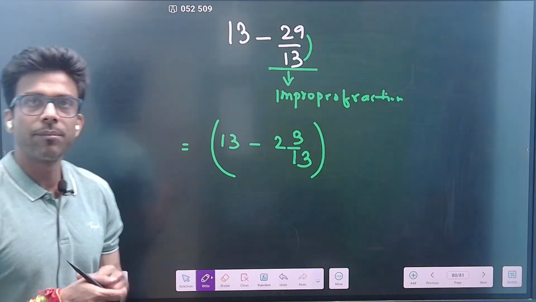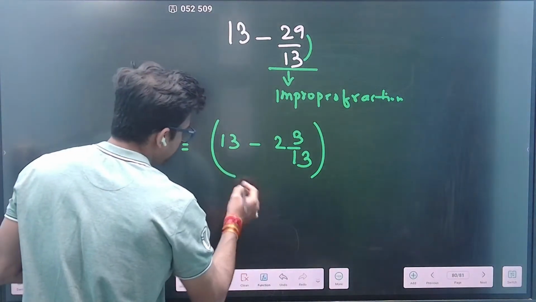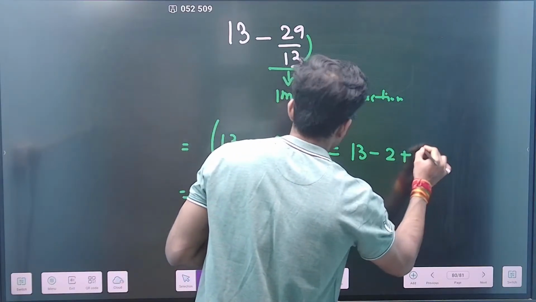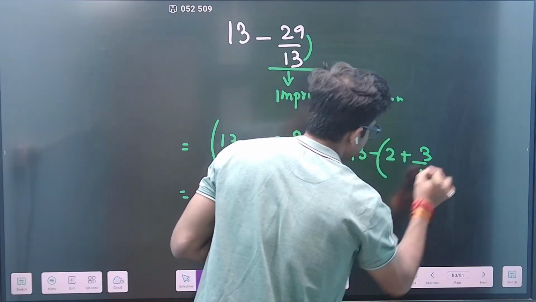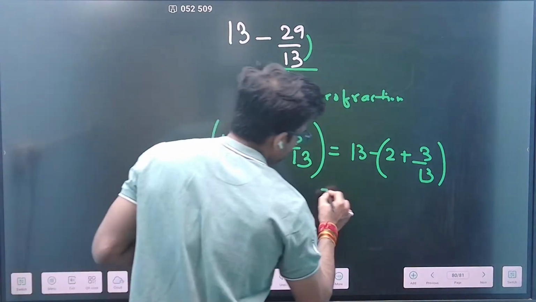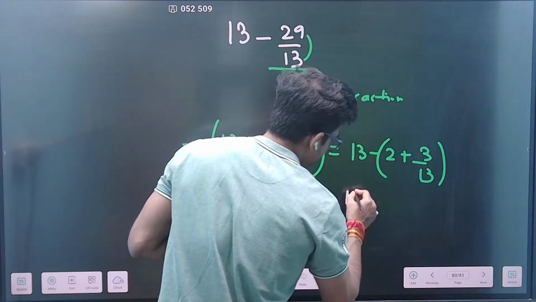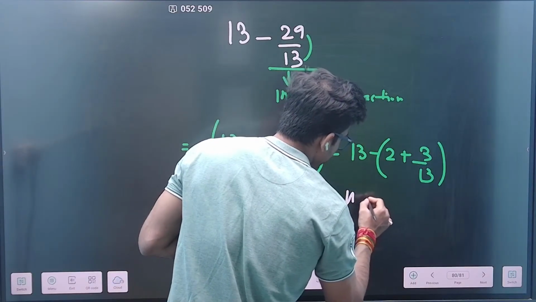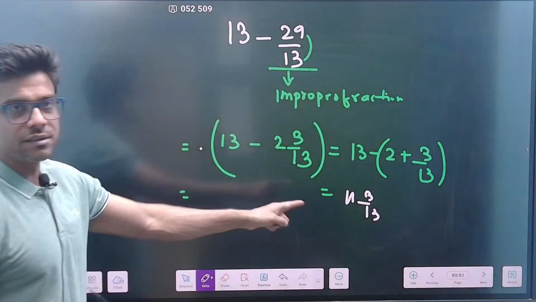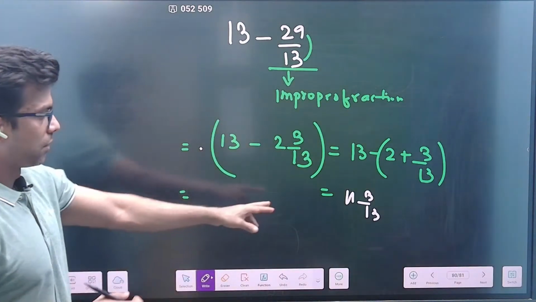Now I can write this as 13 minus 2 plus 3 by 13, as we did in the previous class. This becomes 13 minus 2, which is 11, and minus 3 by 13. Now again this comes to the part of a normal proper fraction.